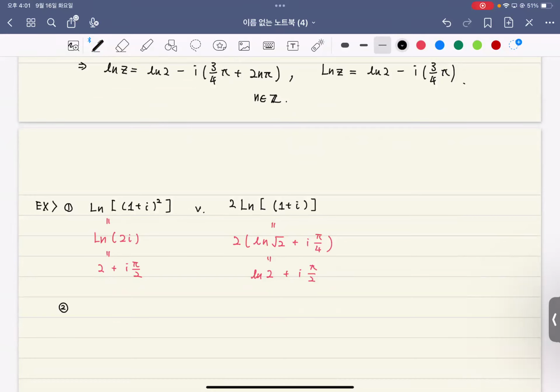But this property is not true for every complex number. So for instance, I want to compare these two numbers, 2 times capital Ln of minus 1 plus i. Are they the same or are they different?